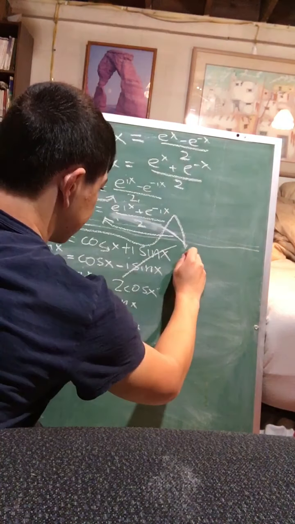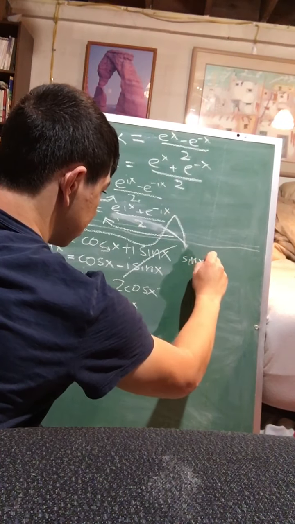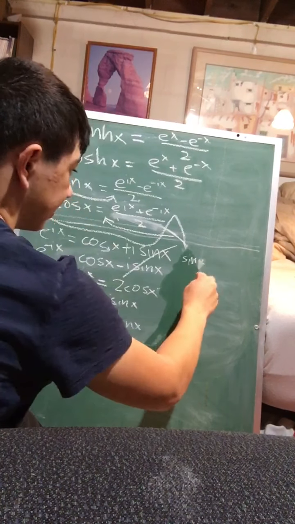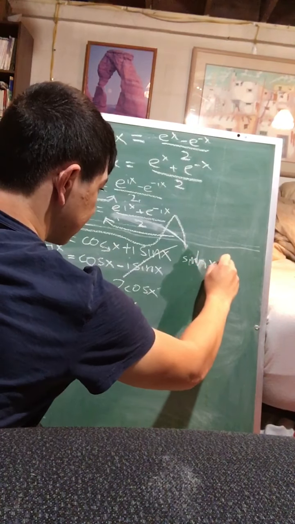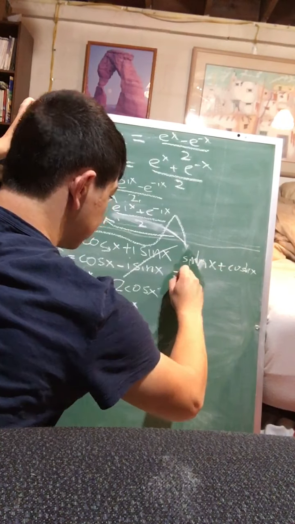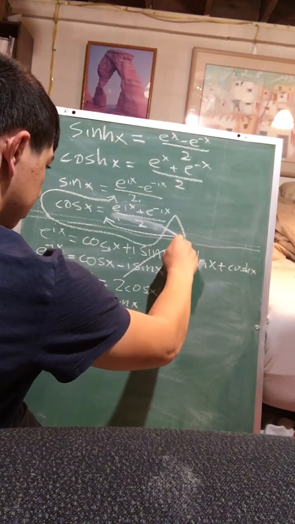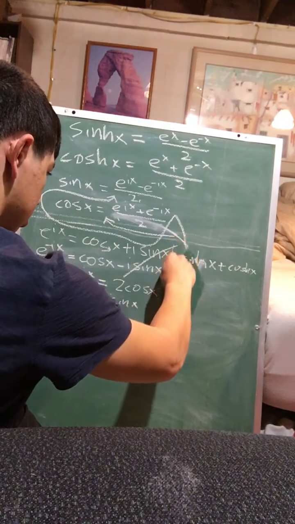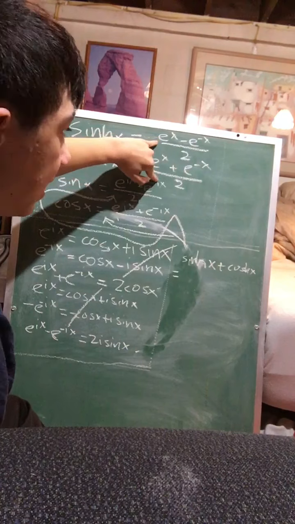So we're going to have sinh x plus cosh x, and this is going to be sloppy because I don't have much room. Come on, dotted line, there we go. This here is then equal to, well, these we're going to add, and they're all over 2.